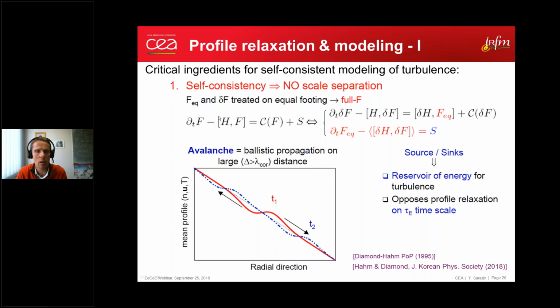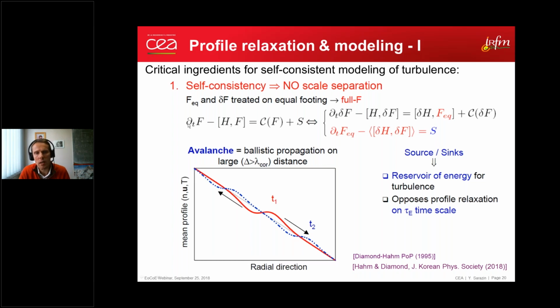H is the Hamiltonian. The brackets here are Poisson brackets, so they account for the trajectory of the particle in the five-dimensional phase space. And on the right-hand side, you have two terms, the collision operator on the one hand, and the source term. The source can be a heat source, momentum source, particle source, any kind of source that you have to account for in a tokamak plasma.